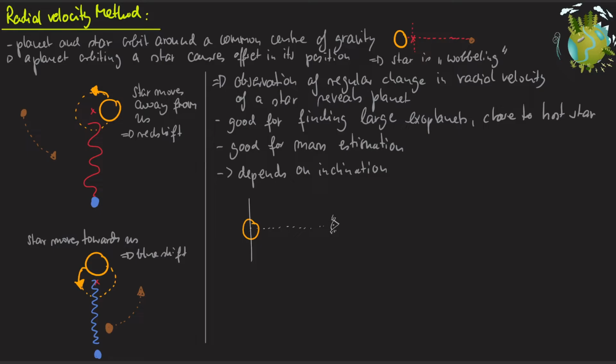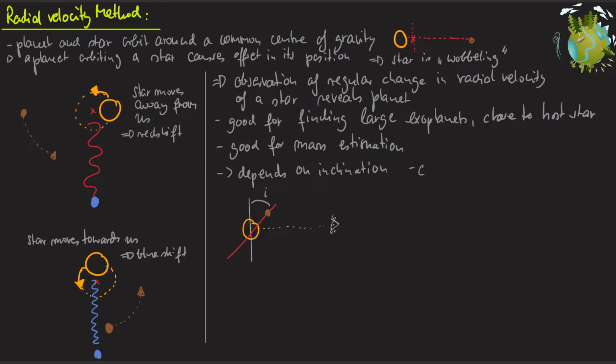The planet might rotate to this degree around the sun, around the star. The orbital plane is tilted at some unknown angle to our line of sight. So if the planet rotates around the star like this, then we have an inclination angle, which we call I.